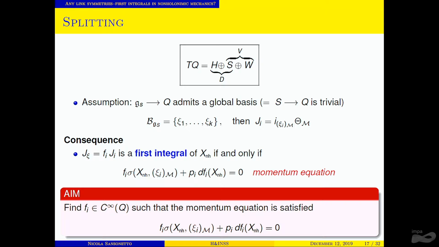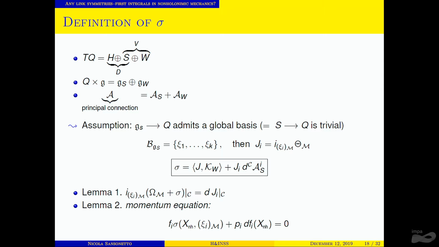So now we want to find these functions that are the coefficients of the linear combination in such a way that this momentum equation is fulfilled. Okay, now I have to spend some moments to explain what this object is. So, we consider a principal connection of the trivial bundle Q times G over Q, and this decomposition induces the decomposition of the connection.